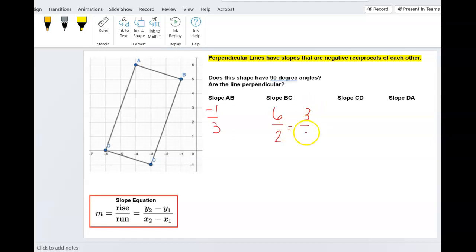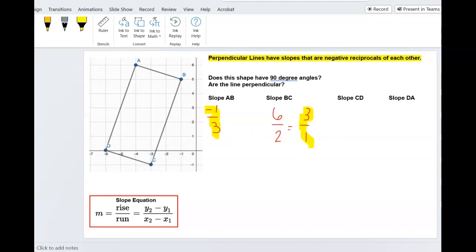And that is a positive slope because BC is pointing upwards. So let's stop there and just focus on negative 1/3 and 3 over 1. I know that those two lines are perpendicular to each other, and that is a 90-degree angle, because these two slopes are negative reciprocals of each other.